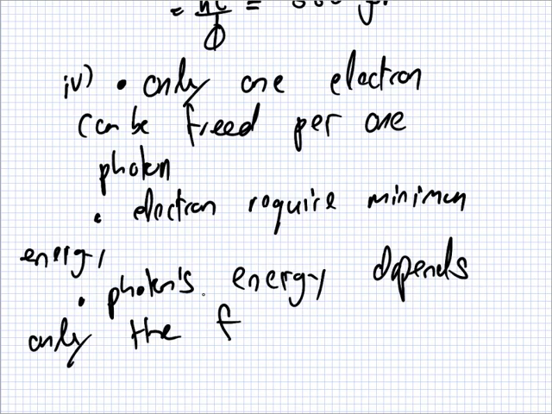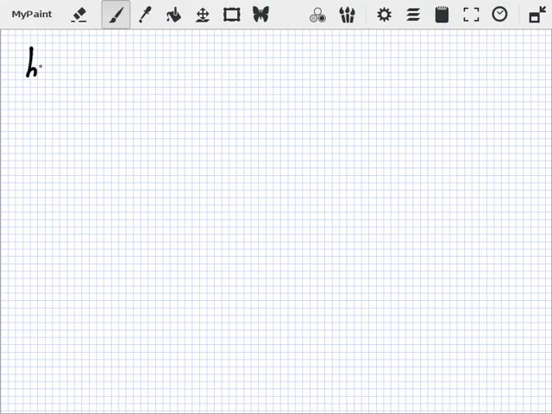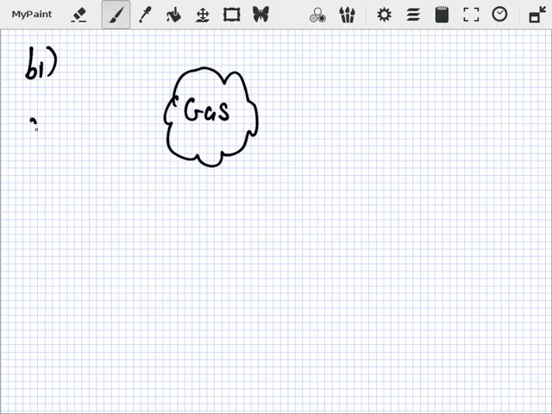Right. So the next part, B part 1, was how the absorption line spectra are produced. So I think we did this yesterday. What you needed was gas, and then you have the white light.